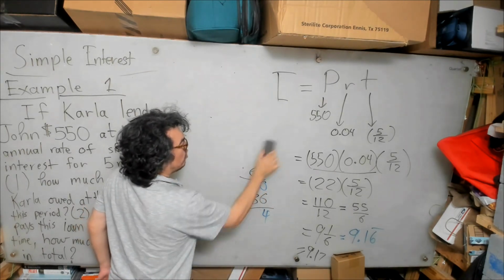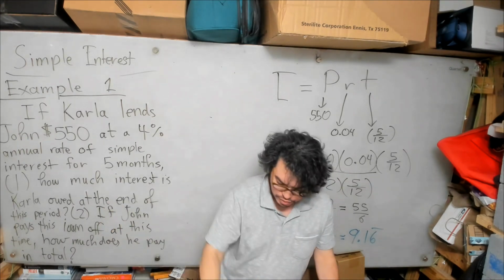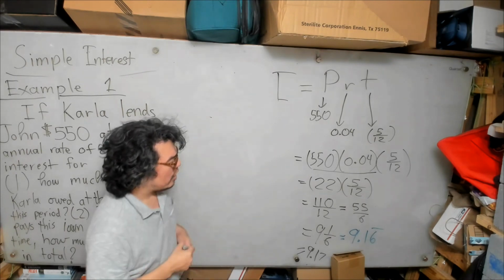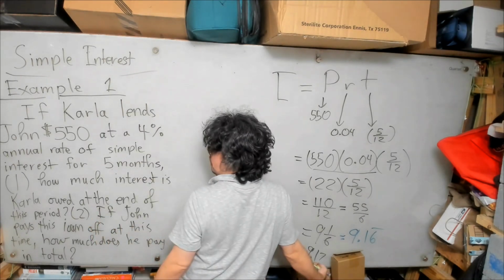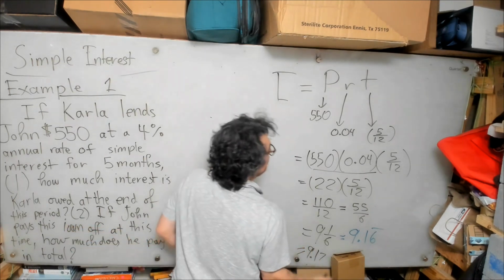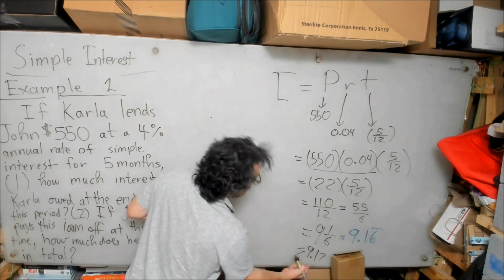And so now we're in a position to answer the question that we have posed. And what is that question? That question was, how much interest is Karla owed at the end of this 5-month period? Karla is owed $9.17.